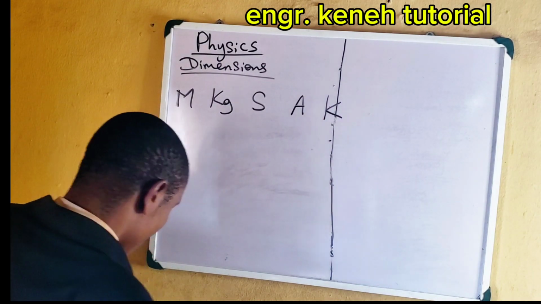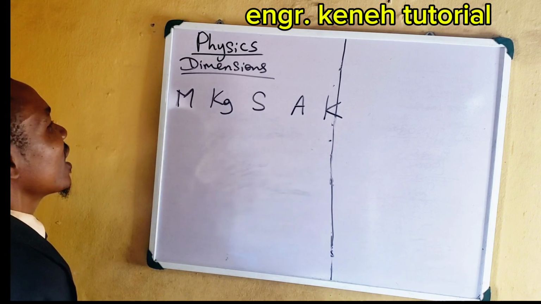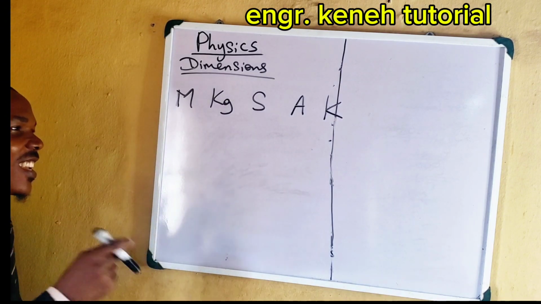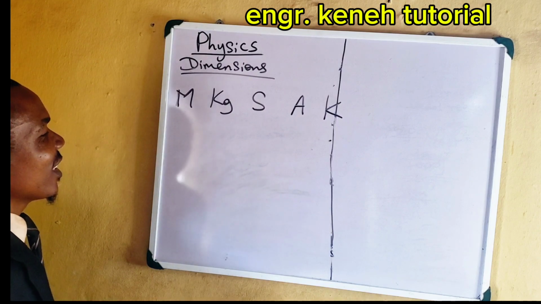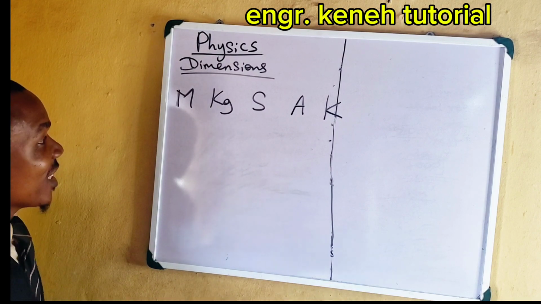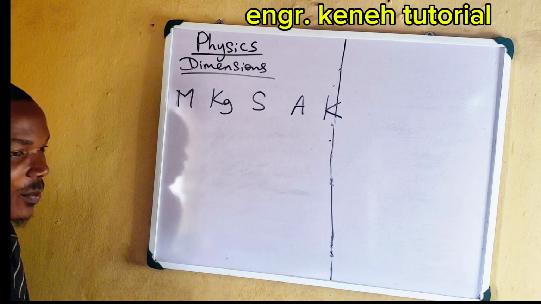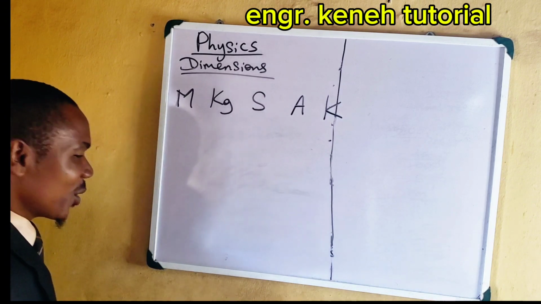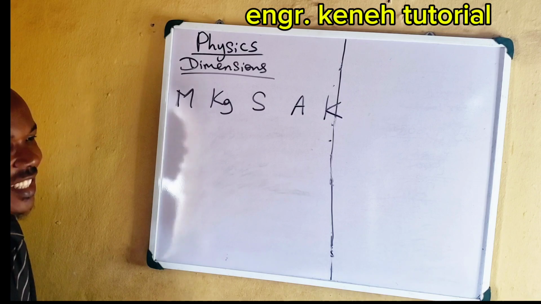All right. So when it comes to dimension, for the standard units of the quantities that they are talking about, they simply want you to use their initials to write them, but they should be in capital letters.